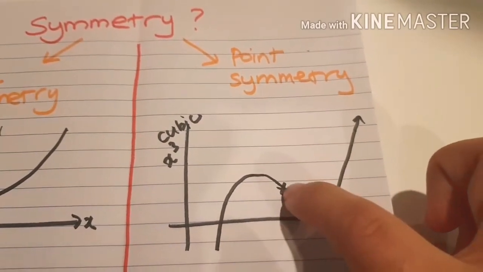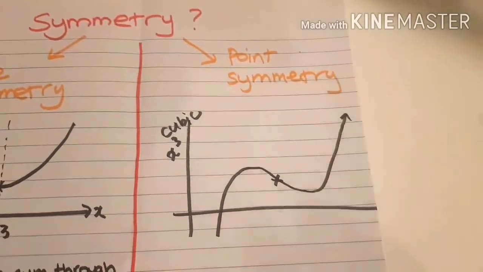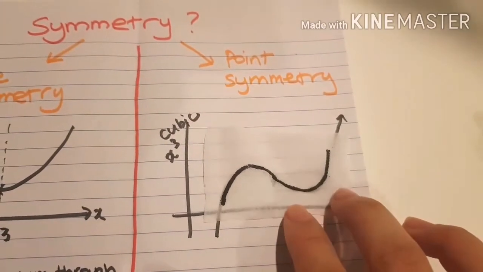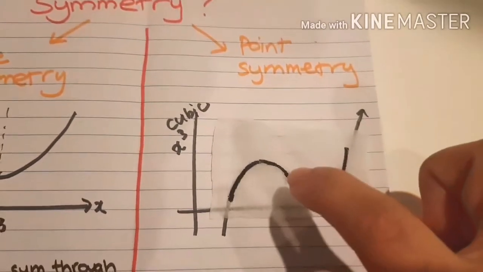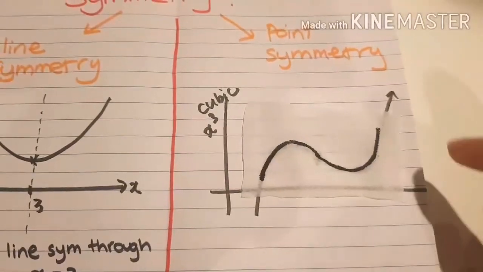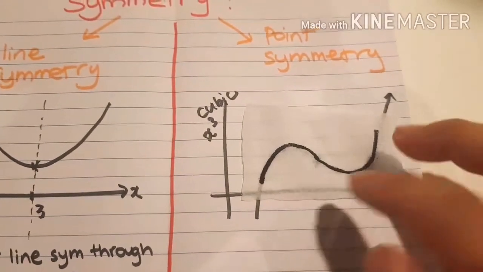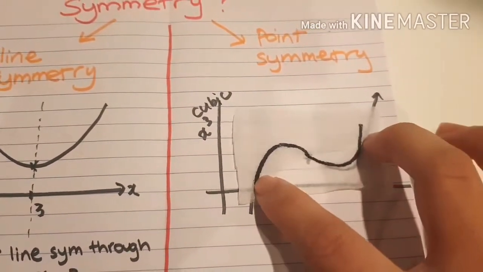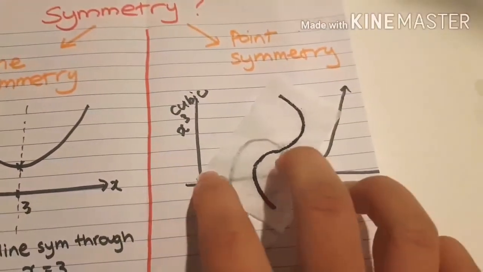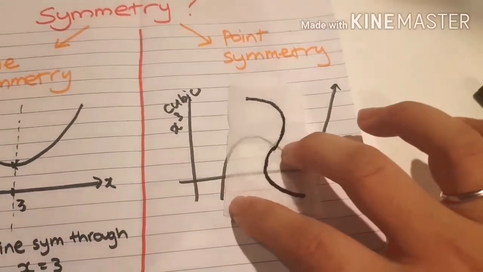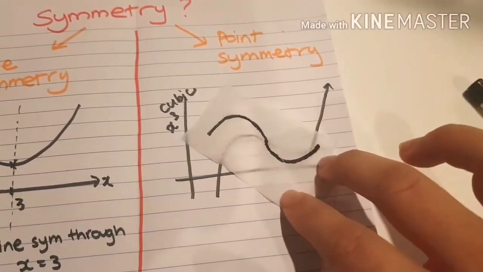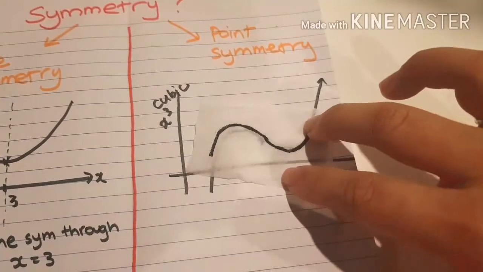At this point, let's see what happens. I'm going to bring in this little piece of see-through paper. At this point, if I rotate it, I'm not sure whether I can do it with one hand. Let's see. You see that? Rotating at this point, and there you go.